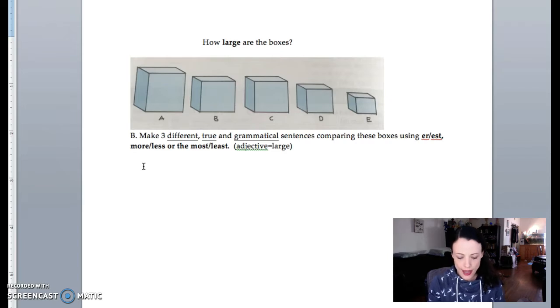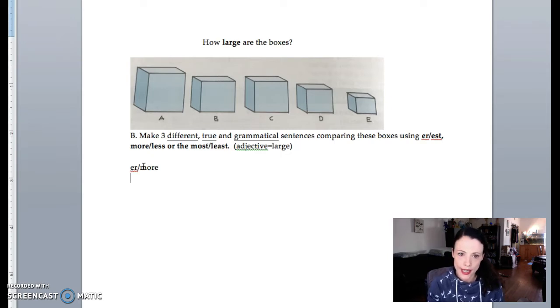So if we're going to decide between ER and more, what do we need to think about? We need to think about the syllables. So large, large. How many syllables? 1, right?